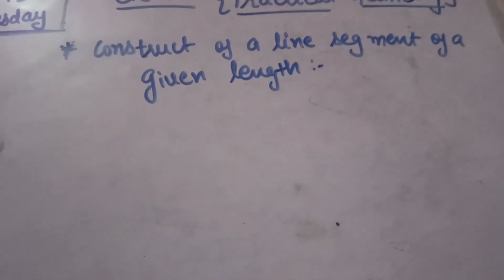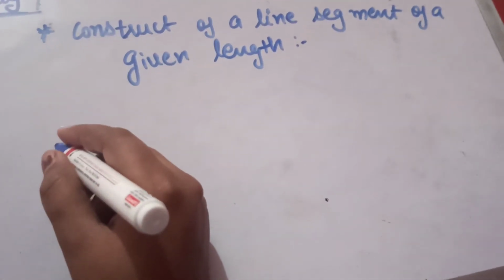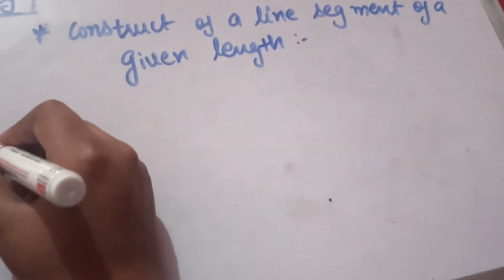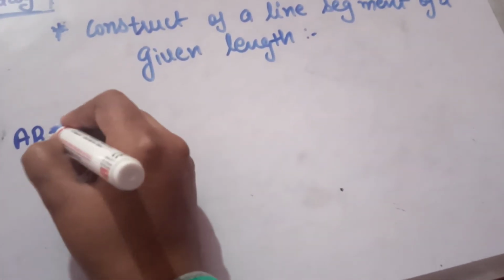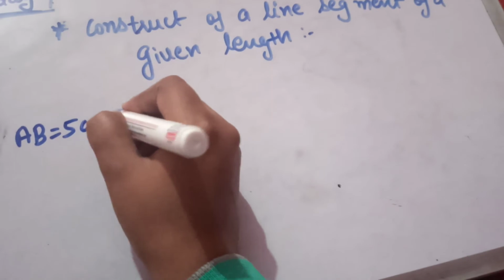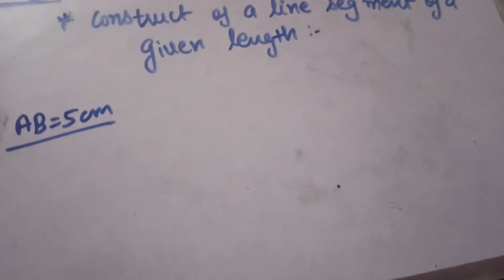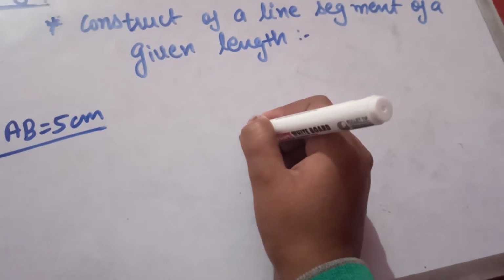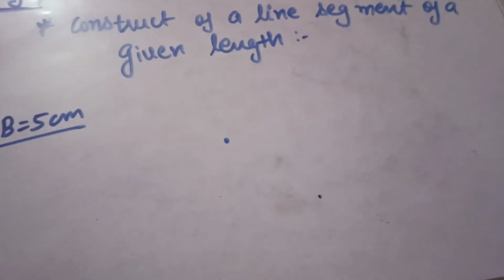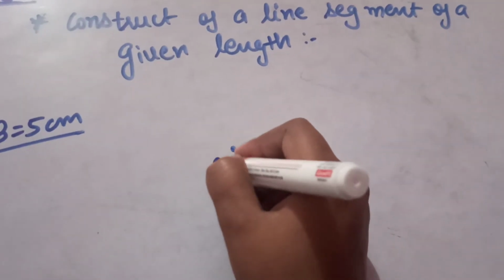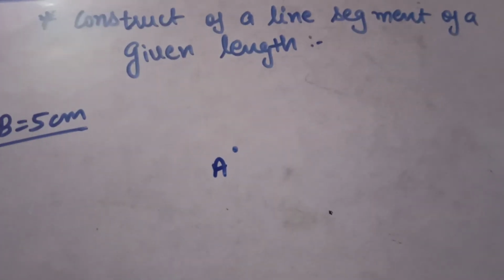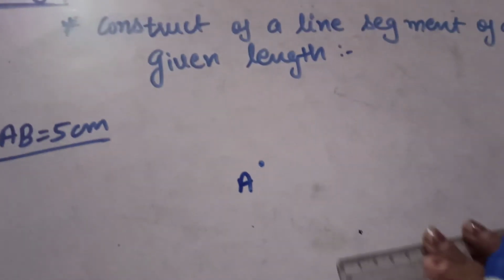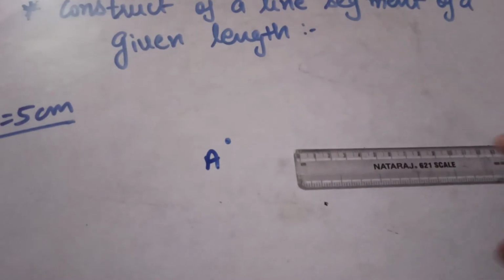So firstly we will mark, if we have to draw a length AB equal to 5 centimeter, this one we have to draw. So what do we do for that? We will mark a point A anywhere on the sheet. Now 5 centimeter, take A, I put it.